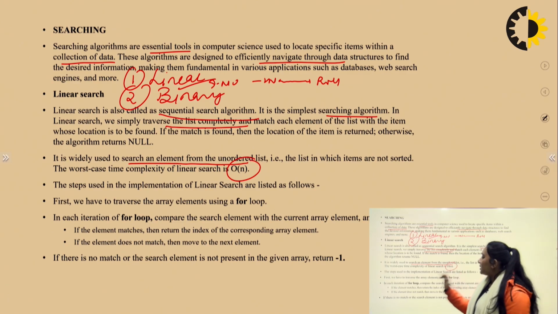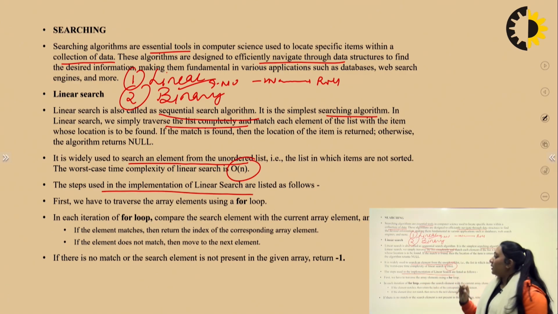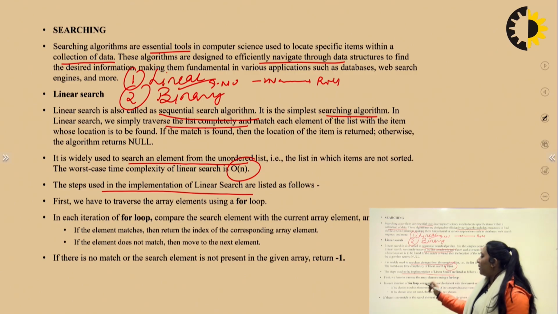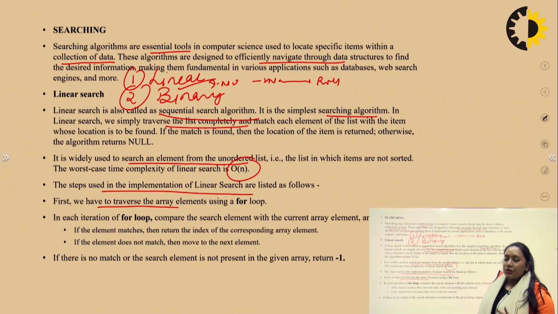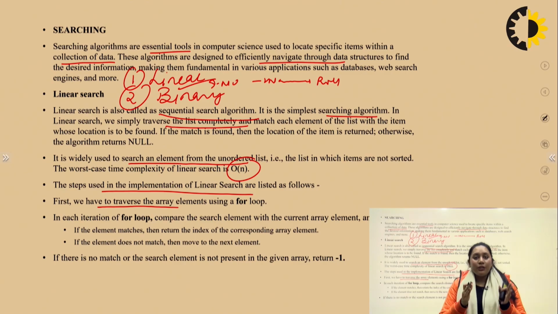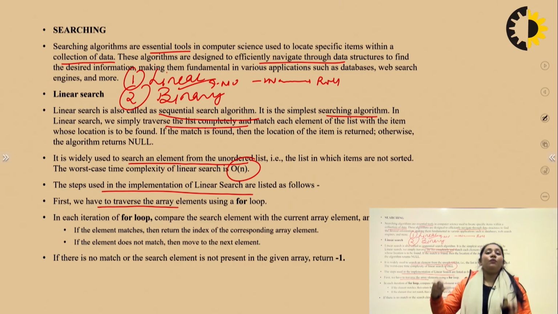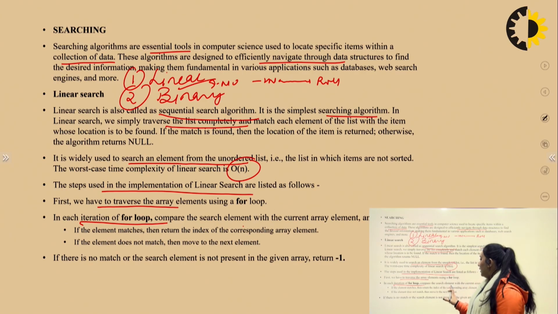Right. Next, the steps we use in the linear search. Number one, first you need to traverse the array. The number one condition in linear search is that you traverse the array until you find the element you need to search, right? The process goes on, traversing the elements one by one. Next, for each iteration of the loop, you need to check whether the element matches.